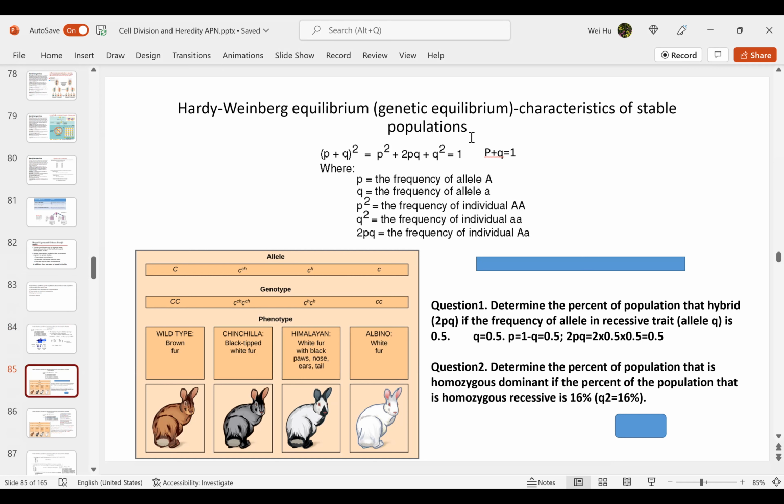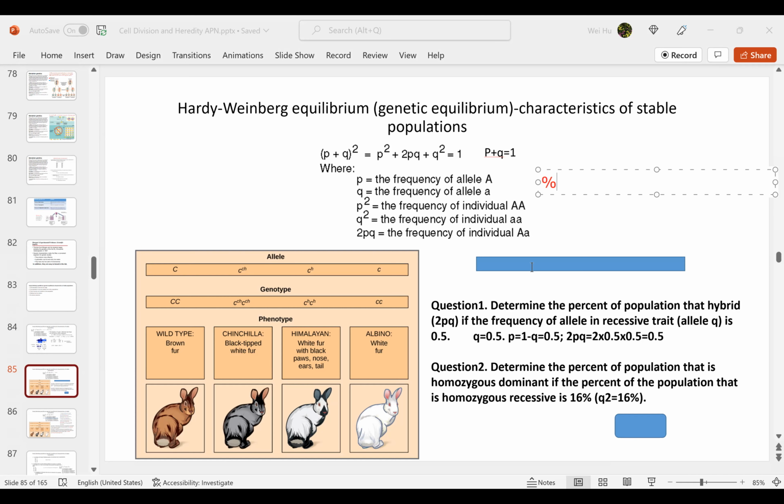What does P or Q mean? P is the frequency of allele big A, the dominant one. When you talk about frequency, you are talking about percentage, right? Remember, this is all percentage, not actual number.